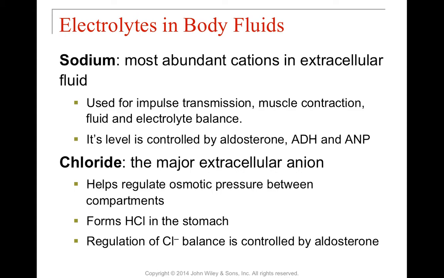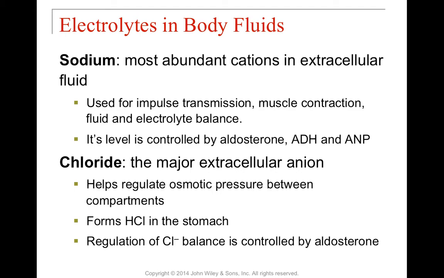We also will talk about chloride, which is an anion. So cations attract anions. Cations are positive, anions are negative. This is the most prevalent extracellular anion, and it's going to help regulate osmotic pressure between the different compartments, right, inside the cell and outside of the cell.